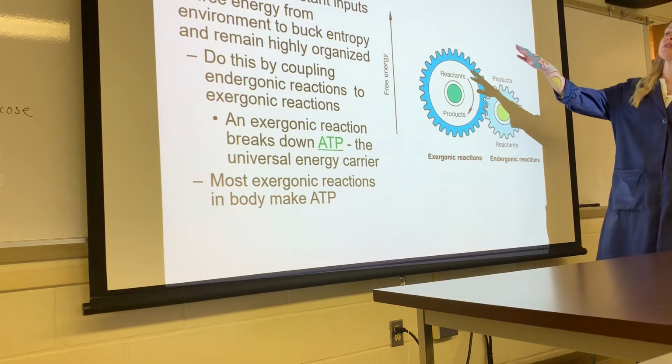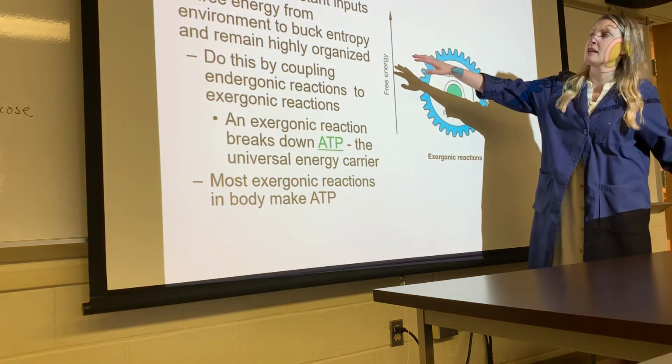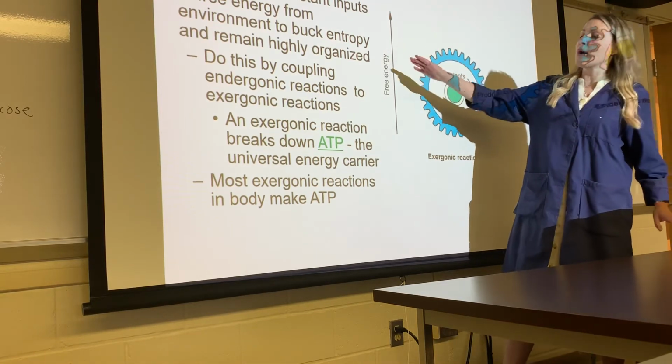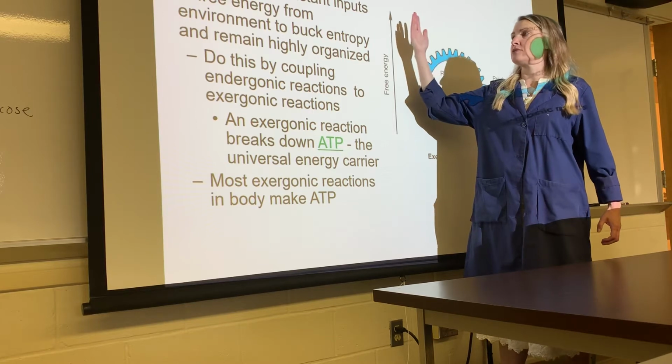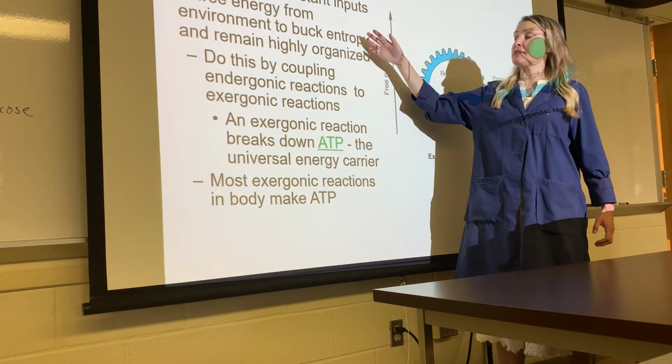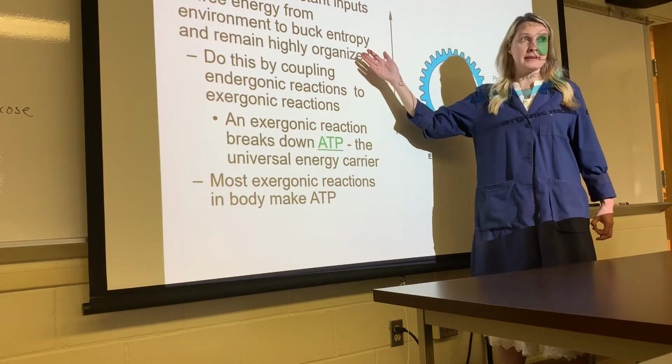But I wanted to just clarify a couple of points here because sometimes people get confused by this. All right, so the one point that they say is, okay, cells obviously require constant inputs of free energy from the environment to buck entropy.